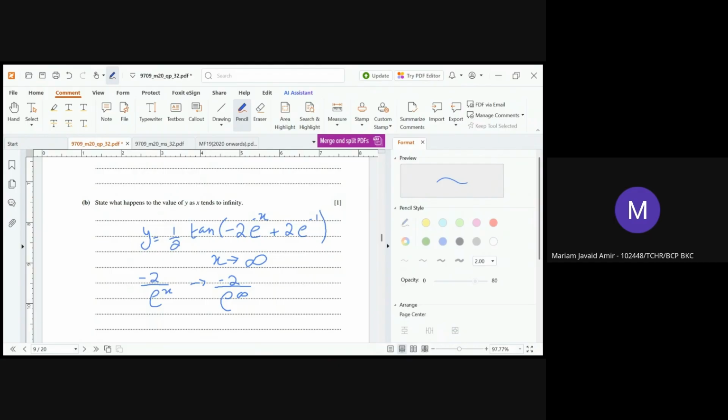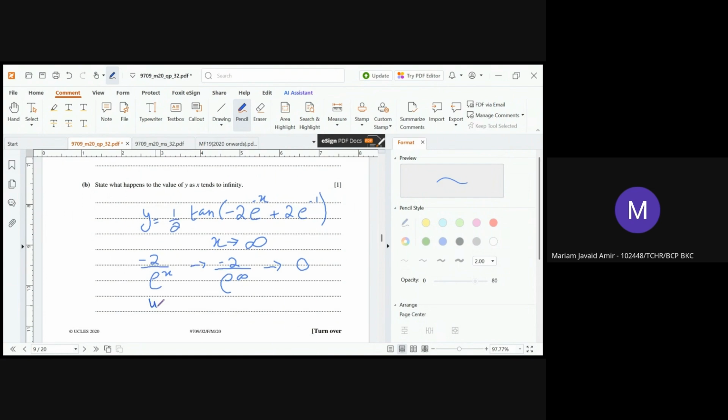The denominator is very large, so that means minus 2 upon a very large value is almost 0. So we get y equals half tan of, this becomes 0, so we have 2 e power negative 1. So you write y approaches half tan of 2 upon e, or 2e to the power negative 1.